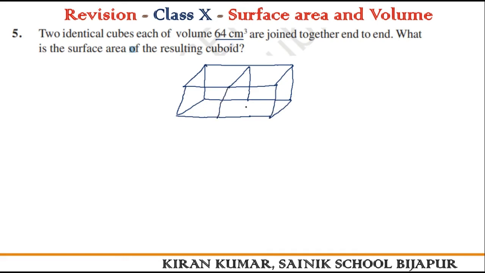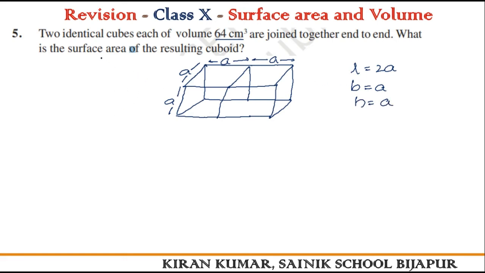Here these are the two cubes which are joined together. For a cube, each side will be equal. I'll consider A units to be the edge of the cube. So the new cuboid so formed will be having the length as 2A, breadth as A, and height as A.